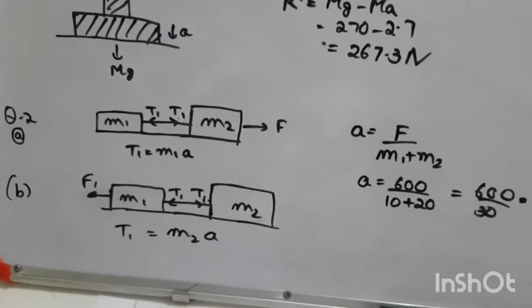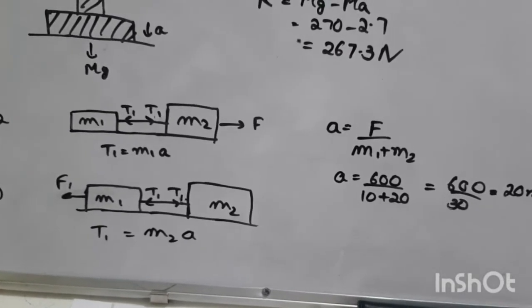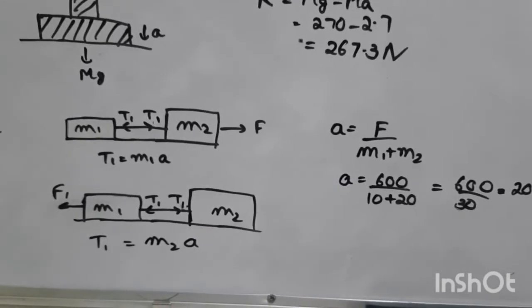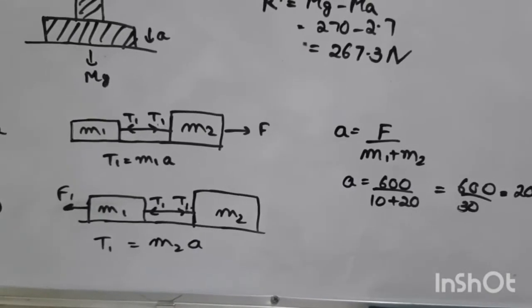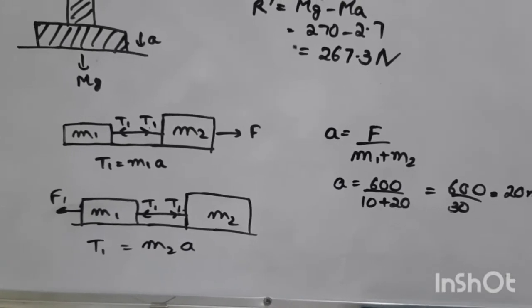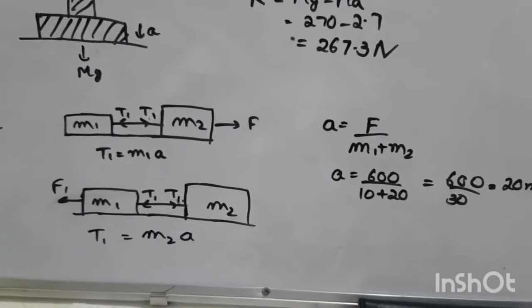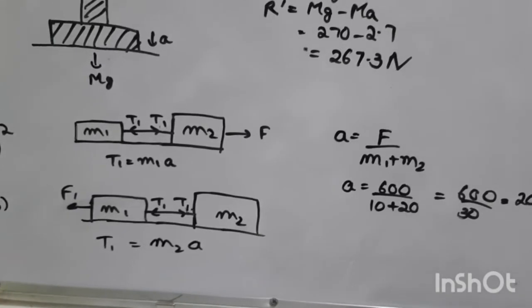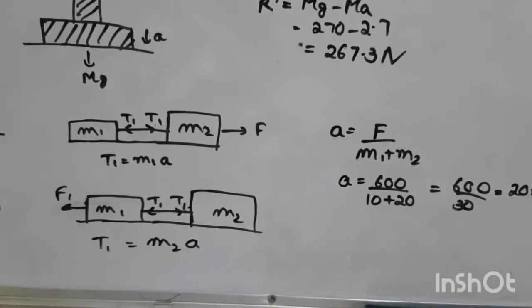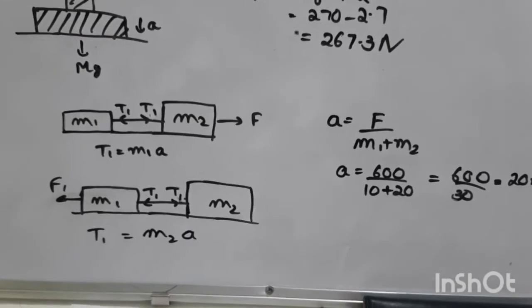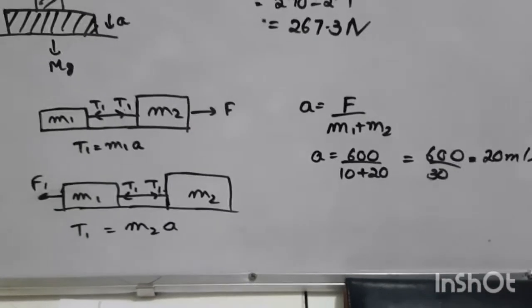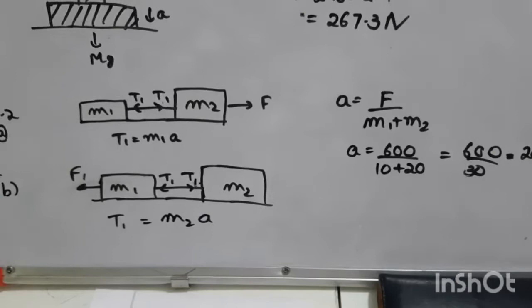Now in the first case, here we have two blocks m1 and m2 tied by a string, and we have assumed that the tension in the string is T1, and the mass of block m1 is 10 kg and m2 is 20 kg. Now when the force is applied to the block m2, if we take the block m1, the only force acting on the block m1 is the tension force.